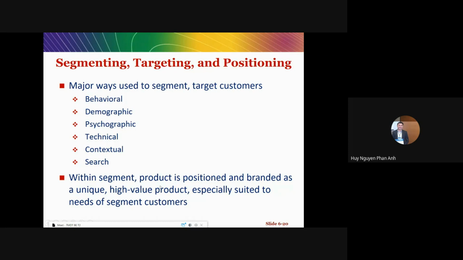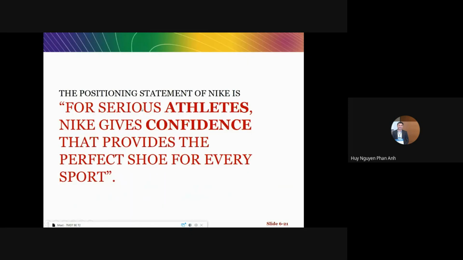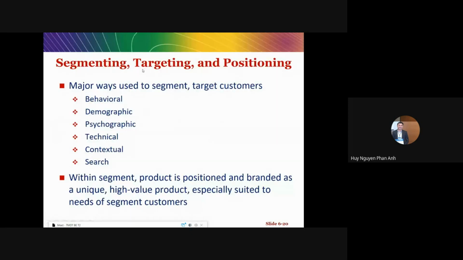And with the segment, the product is positioned and the brand is unique, right? For the target. And from segmenting, we will adjust our product to the expected consumer. So we call that the target customer or targeting.